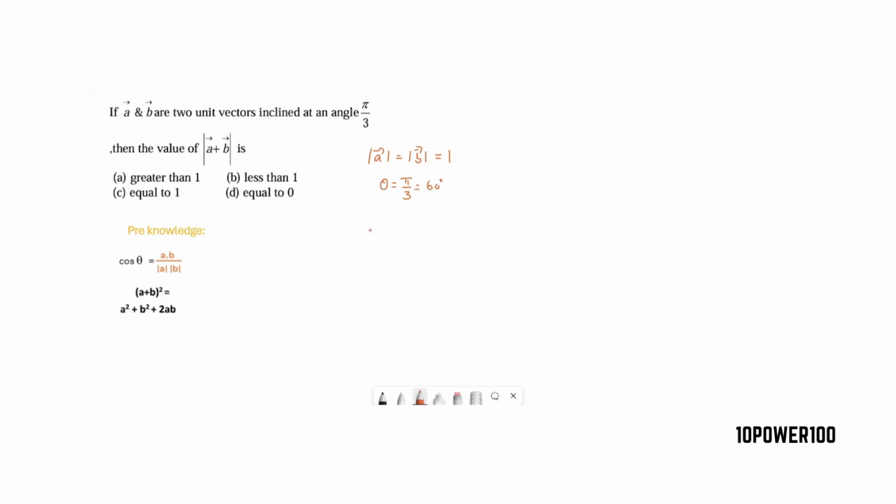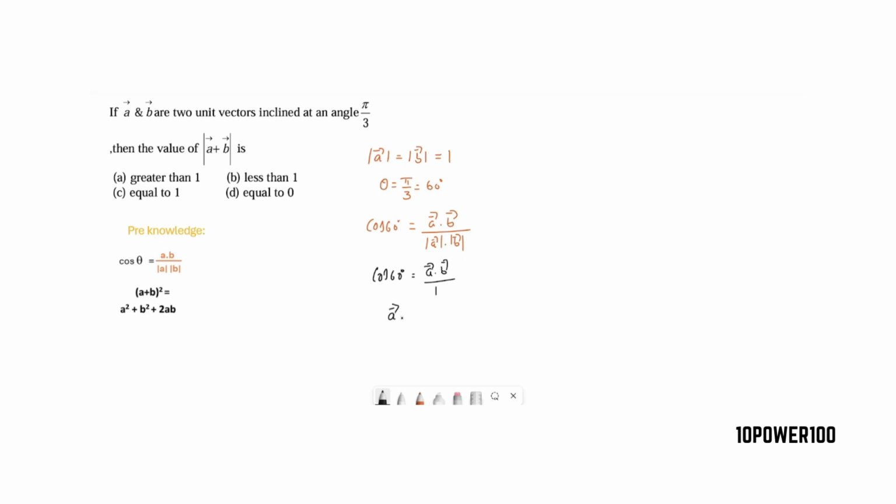Now let us substitute in place of cos theta. So cos 60 degrees is equal to vector A dot vector B by magnitude of vector A into magnitude of vector B. The magnitude of vector A is 1, and 1 into 1 becomes 1.